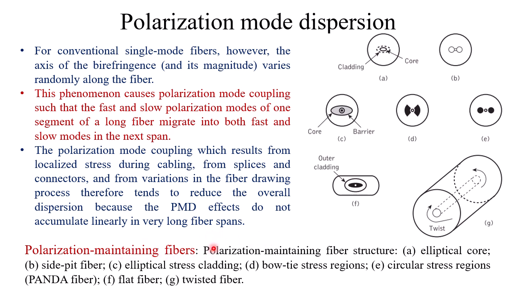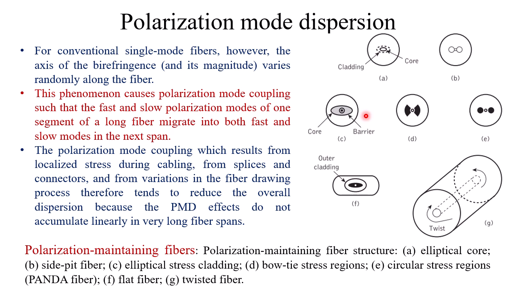So we can use polarization maintaining fiber. Different types of polarization maintaining fibers are there. Polarization maintaining fiber structures include elliptical core, so it is not a circular core, it is a little bit elliptical. Side pit fiber, this one. Then elliptical stress cladding, this one.